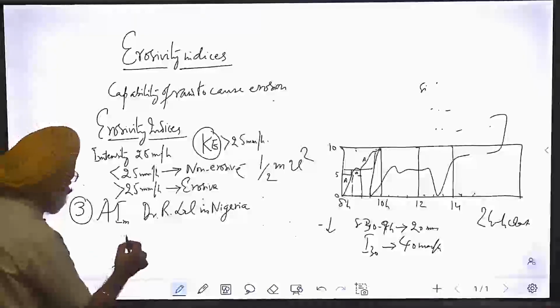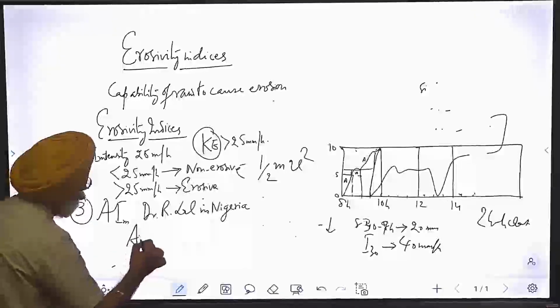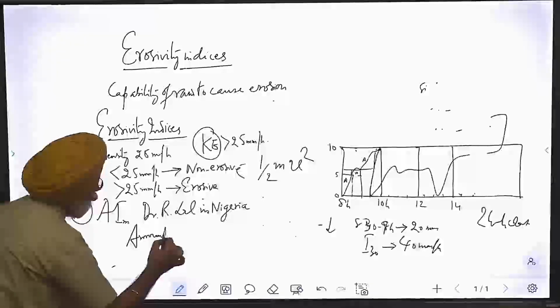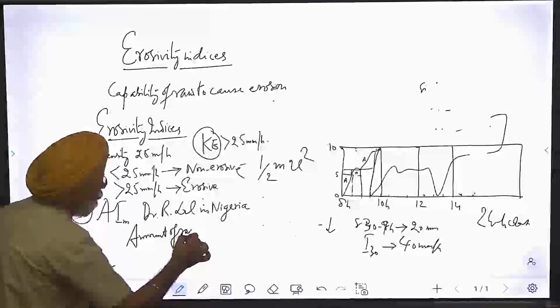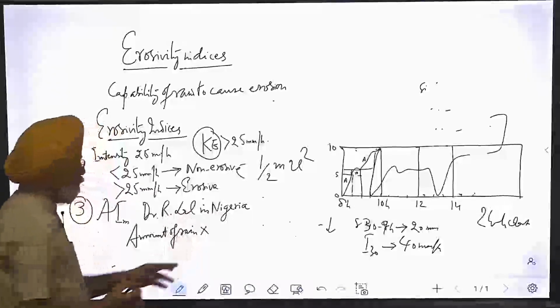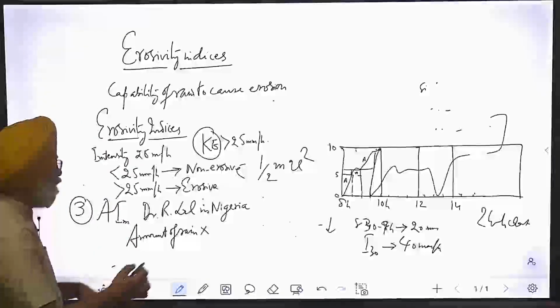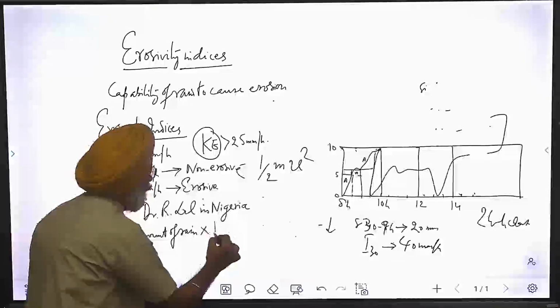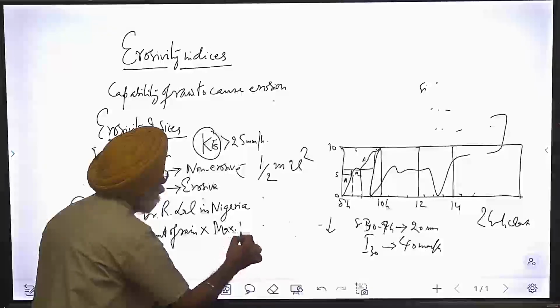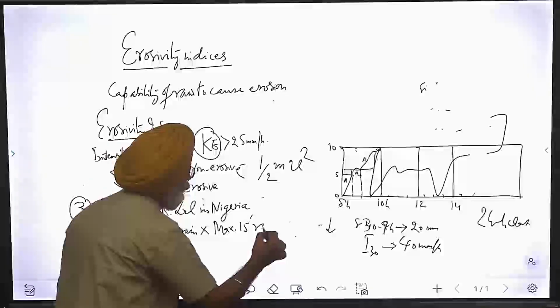So, what does this mean? It is the product of amount of rain multiplied by the maximum 15-minute rain intensity.